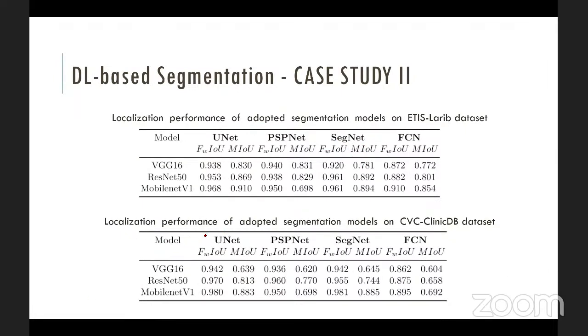The results are shown on the two data sets, and you can see the IOU and MIOU, mean intersection over union. You can see the performance you are getting with UNet, and you are getting better performance with MobileNet.